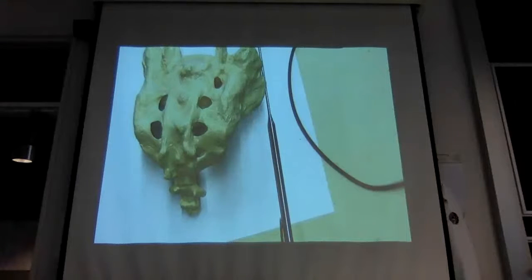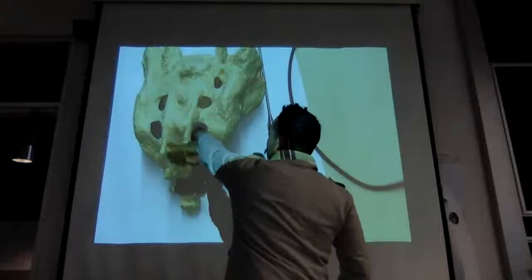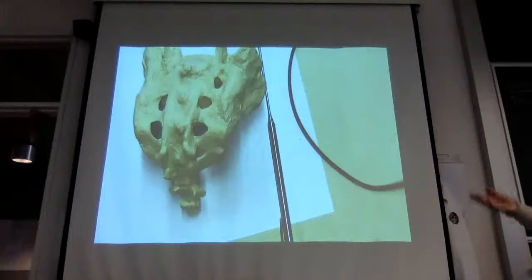So those would have been the intervertebral foramina. These holes, if they were separate vertebrae, they would be intervertebral. But since it's fused together, we just call them sacral foramina. So there are several sacral foramina for nerves and blood vessels to pass through.